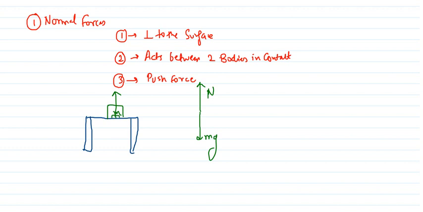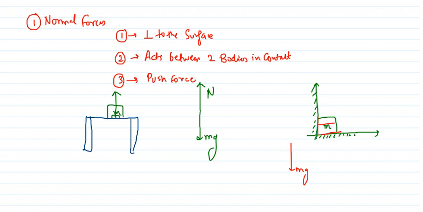Okay, let's take one more example. Suppose we have one wall here, another wall here, and a mass m is sitting here. I want to draw the free body diagram of this mass. So mg will act downwards. The mass is in contact with this wall also and this wall also.